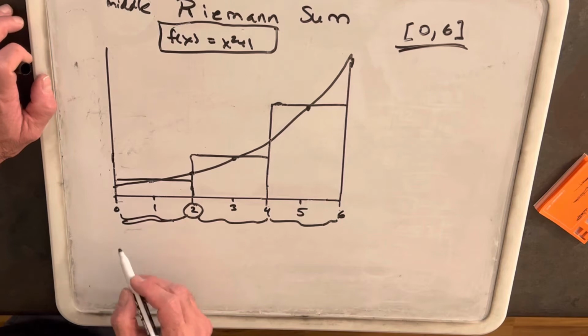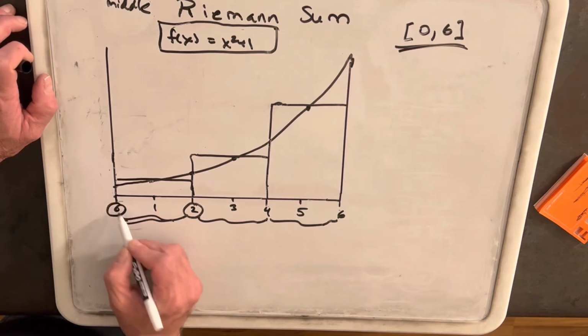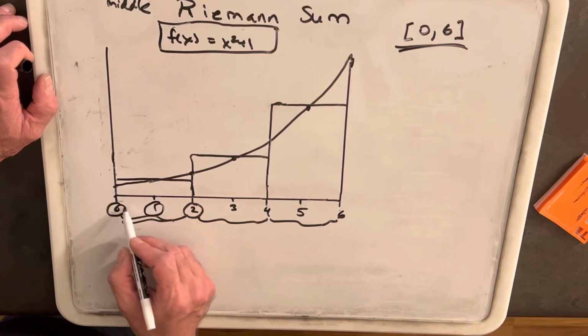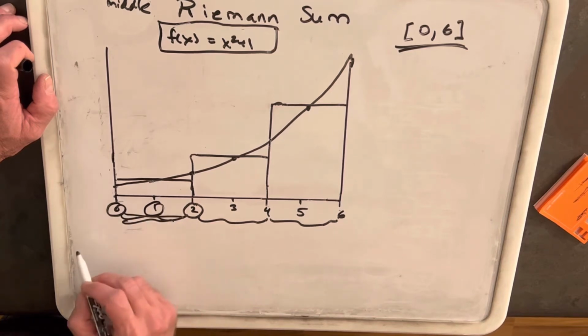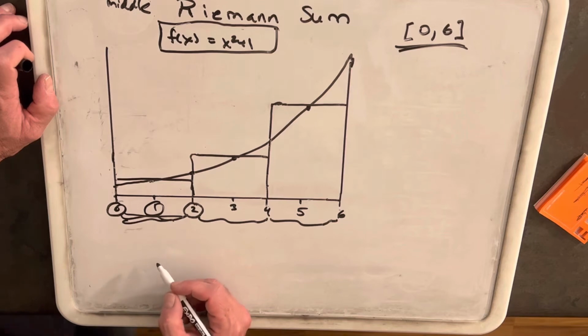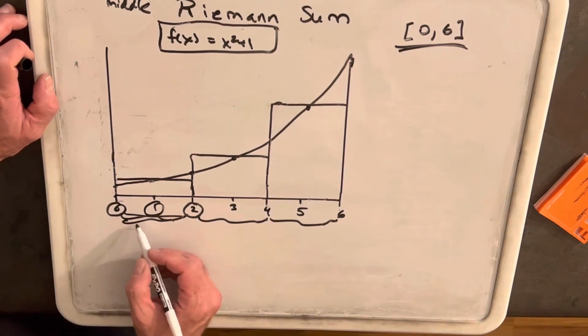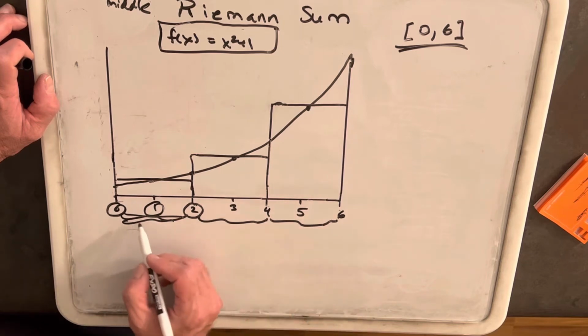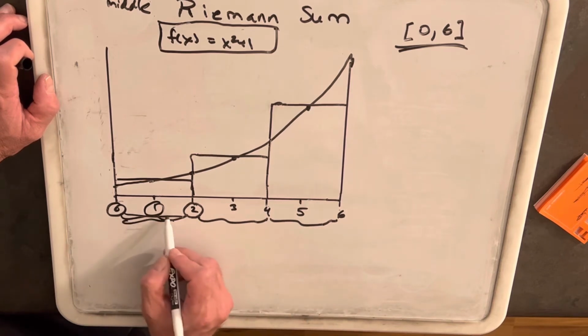The left Riemann sum was calculated from the left endpoint. Now in the middle, we're just calculating from the midpoint of these two, the middle of the left and the right. So we could average those, but in this case, it's pretty easy to see that the middle of 0 and 2 is 1.